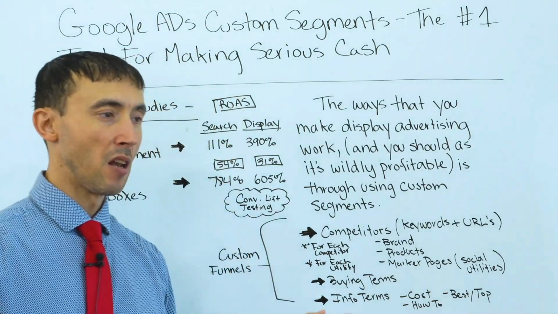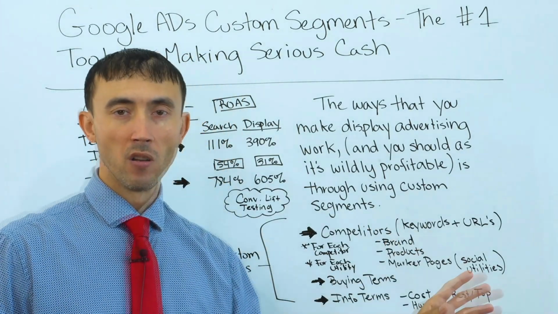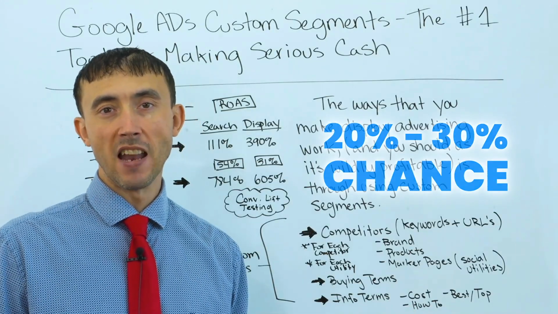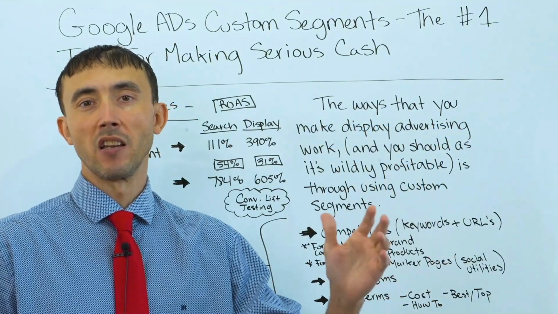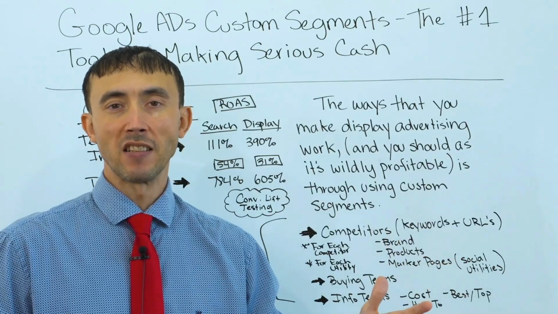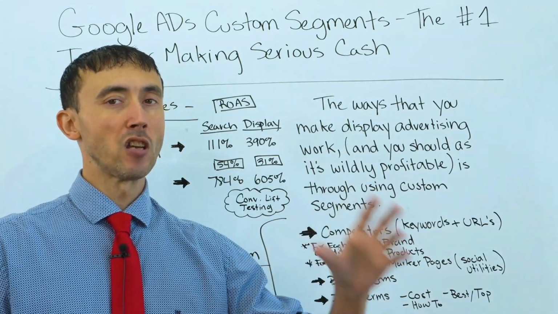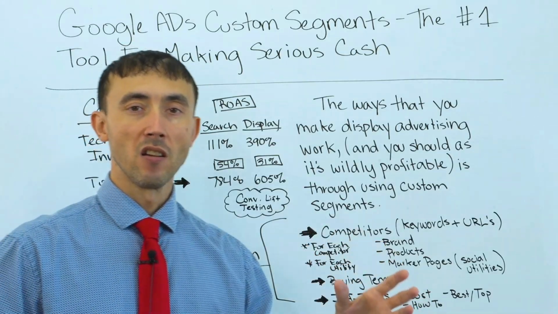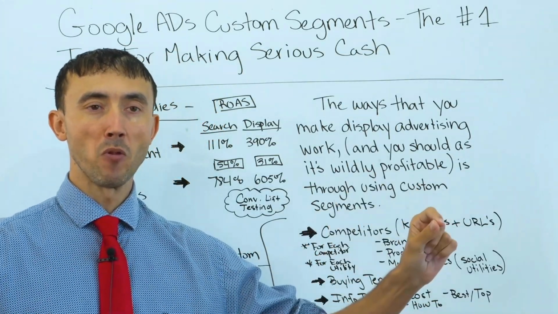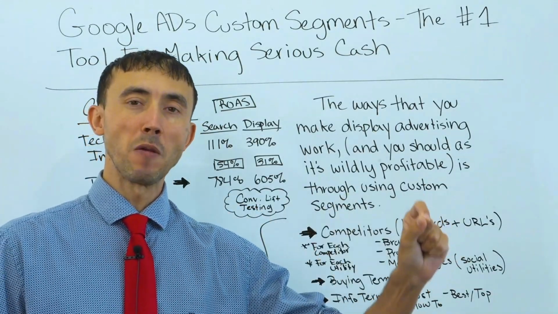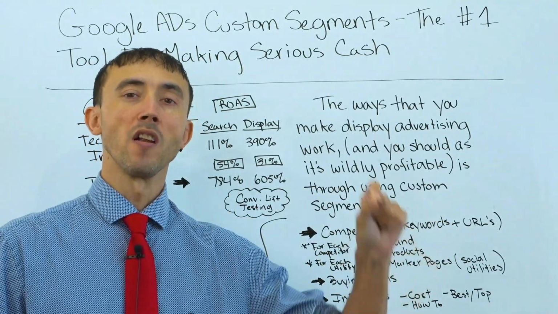When somebody types in buy drills on Google, there's probably only like a 20-30% chance they're actually going to buy a drill. In actuality, as much as that seems stupid to say, I promise you that's the case. Whereas when they're typing in a competitor's drill, chances are much higher they're actually going to buy a drill. Not to mention, with the competitor targeting, you can target people who are looking at drills that are in the price range of your product. So you're not going to be getting people who are looking for cheap drills.